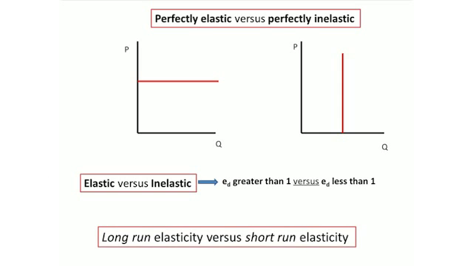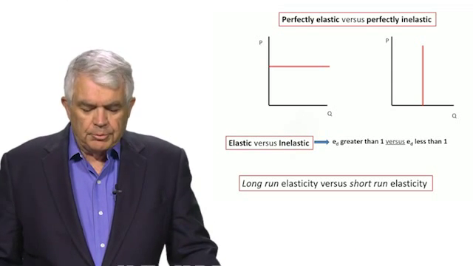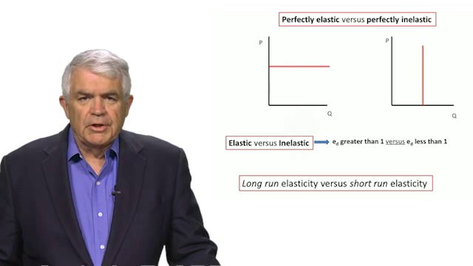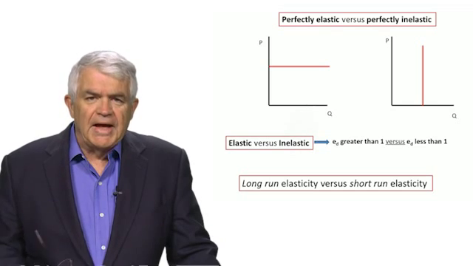Now, the same thing can be done with respect to supply and other concepts as well, but let's take a look at extreme cases of elasticity. Sometimes we can think of perfectly elastic things, where just a teeny-weeny change in the price creates an enormous, infinite change in the quantity. It's almost like a flat line.